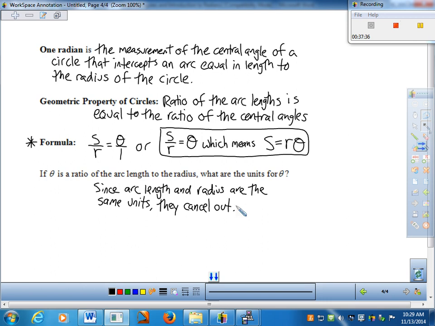And as a result, you get something that we would call a unitless measurement. And that's what you're going to have to wrap your mind around over the next couple lessons. So radians is what is called a unitless measurement. Essentially, it just comes out to be a real number. And not to be too dramatic about it, but this concept opens up an entire branch of trigonometry called the trigonometry of real numbers.